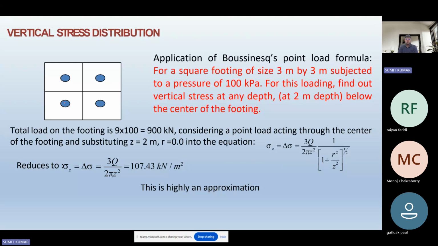So we consider a point load of 900 kilonewton at the center of the footing, substituting z equal to 2, because we want to calculate the vertical stress at a depth of 2 meter. Here r is not mentioned, so the point is just below the load itself, so r square by z square becomes 0, and the calculation is just 3q by 2 pi z square.